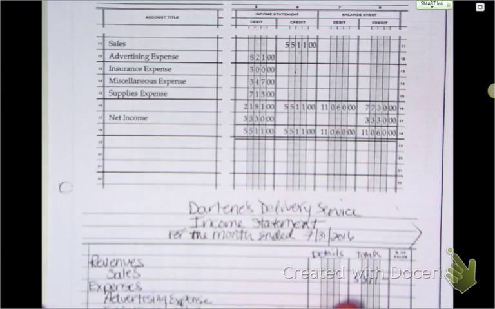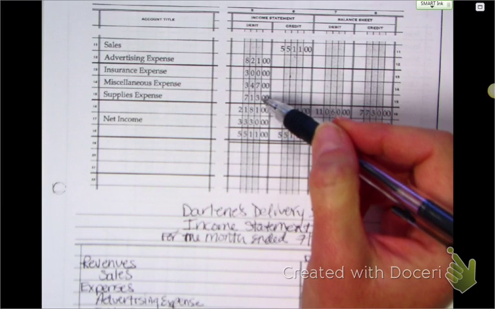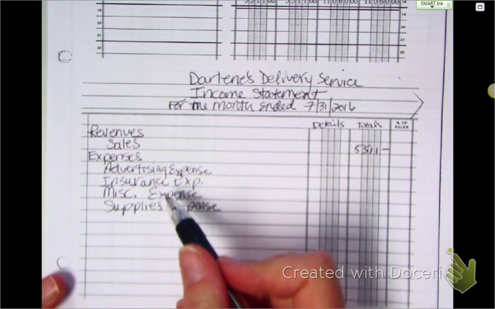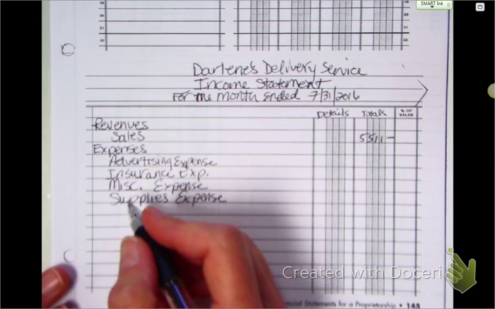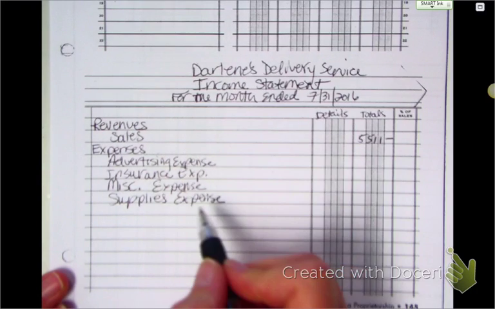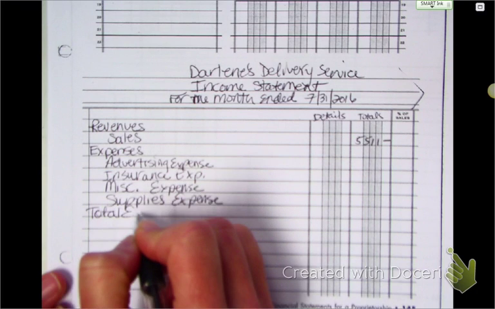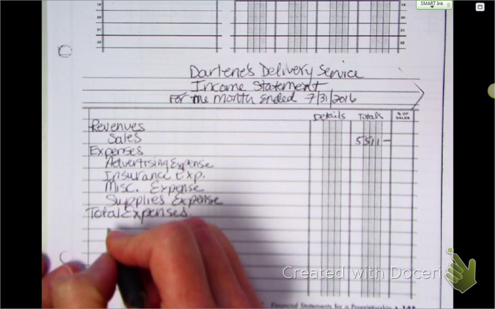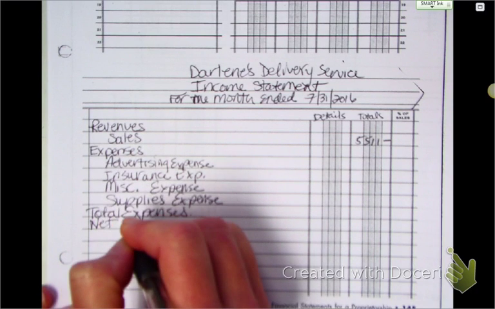No other expenses up here. Now, all of these expenses do have dollar amounts in them. If there was 0 in one of these, would we still list it down here? What do you think? Yeah. Okay. Because you might have it in another period. Okay. And then we put our total expenses. And then we put whether we're going to have a net income or a loss.